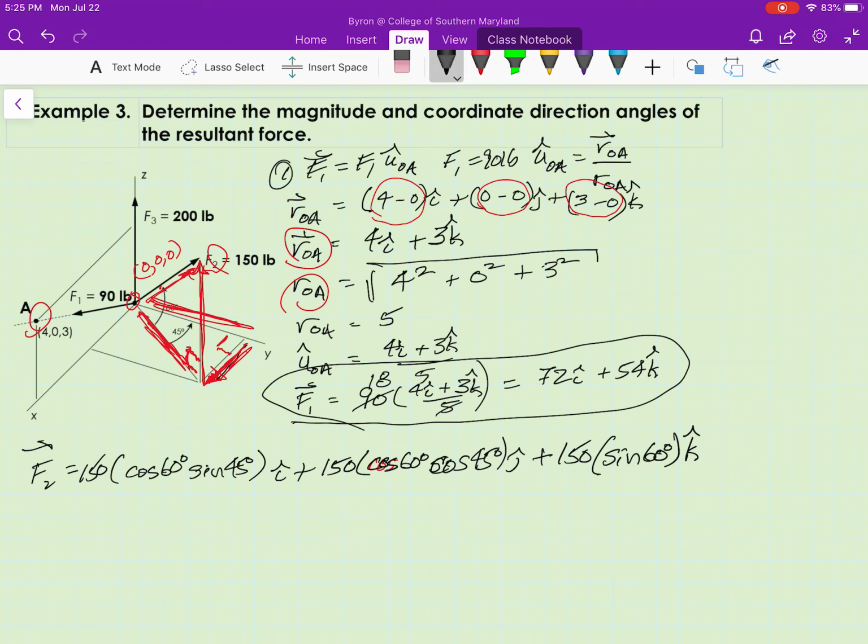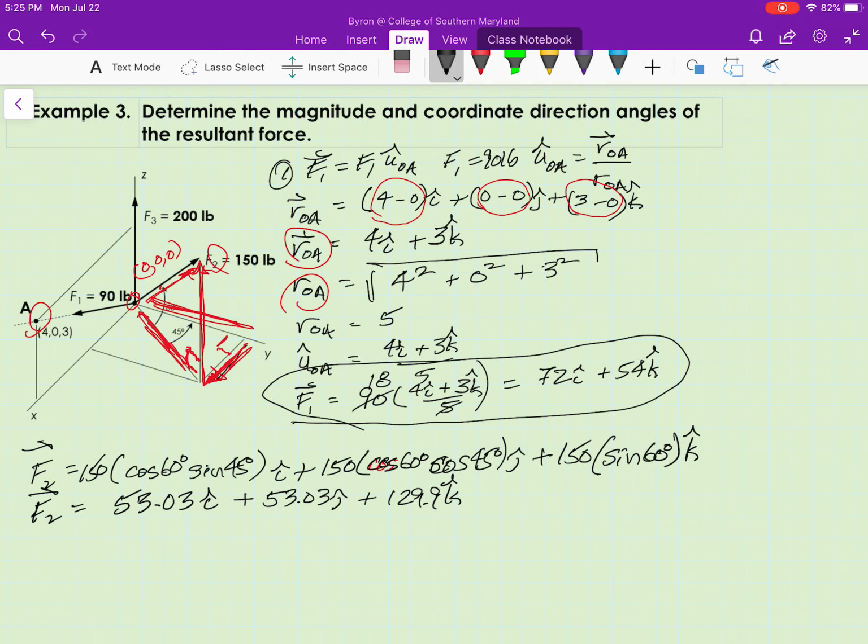So now I have f sub 2. Well, I don't have it yet. I need to simplify that. I'm going to do that math, and I'm going to end up with 53.03i plus 53.03j plus 129.9k.